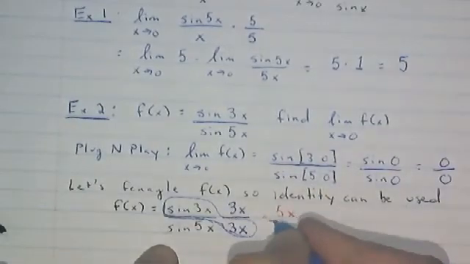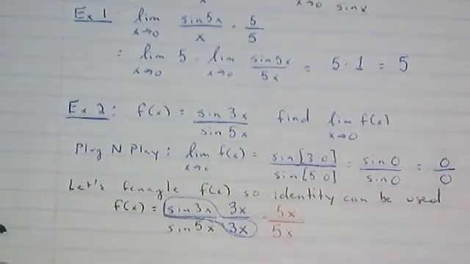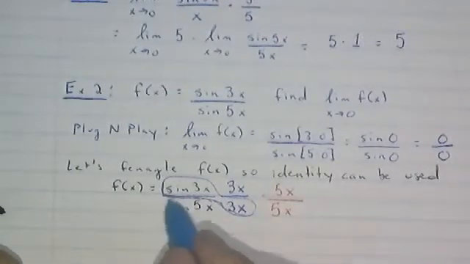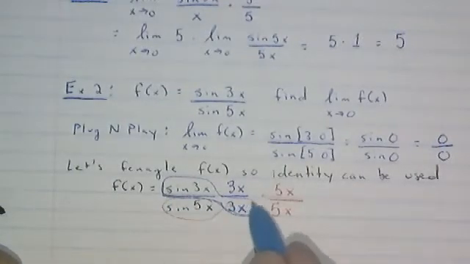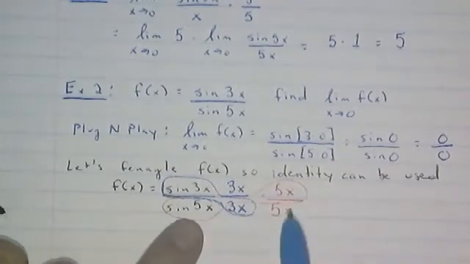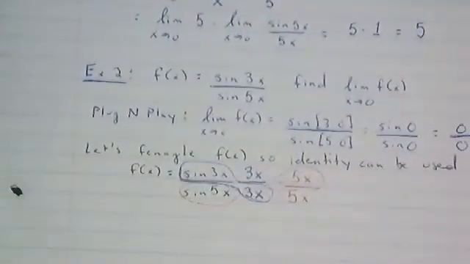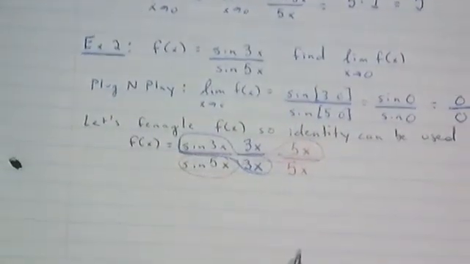We need to multiply that function by 1. So we'll do 5x over 5x. So then the amoeba comes back out, and we can see the makings of our second quotient that will allow us to use the identity.